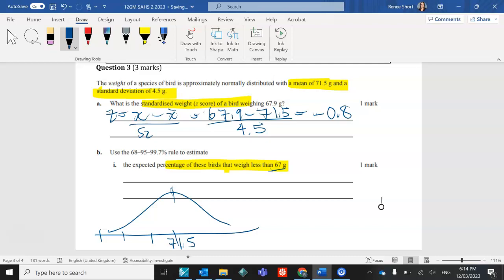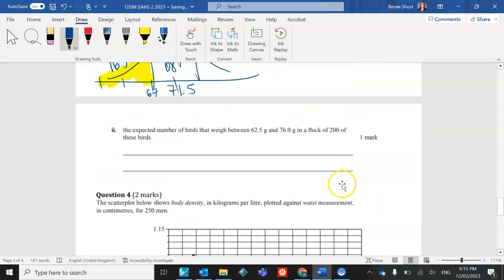Minus 4.5 on this gives me 67 here. So this is actually just wanting to know one standard deviation away, and less than that wants me to account for what percentage fits under here. Remember, we're just one standard deviation away. We know that 68% of the data fits in here, so that means 16% is out in the tail. So my answer there is just 16%.